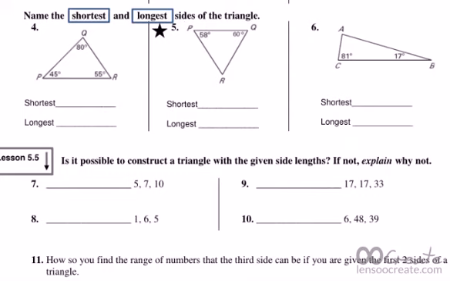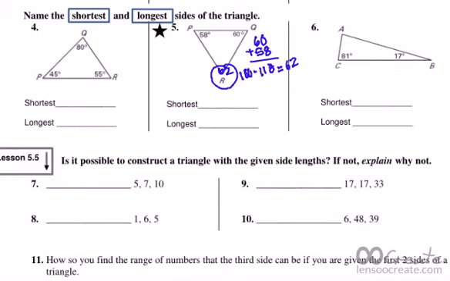If you want to use that idea to work on question 5 right here, you need to name the shortest and longest sides. The one thing that causes you a problem is you don't know angle R. Always want to make a good informed decision, so you will have to find out what that is. Add 60 and 58, you will get 118. 180 minus that is going to give you 62 degrees.